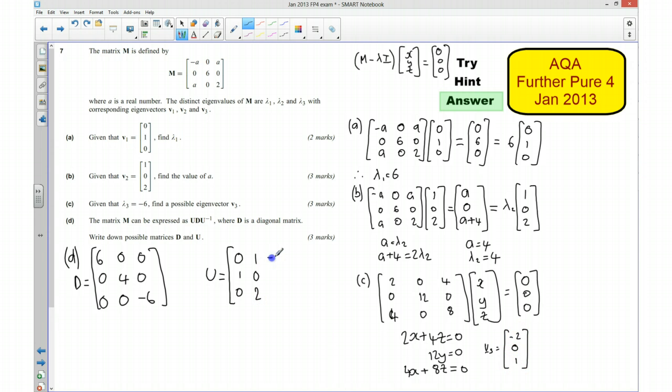It's going to be -2, 0, 1. Okay, and that's all we've been asked to do actually. Usually we would go on and find the inverse of U and write it out in full, but we're only asked to write down the possible matrices of D and U, so this is one possible set of matrices that will work. Okay, hopefully that's been fairly clear.